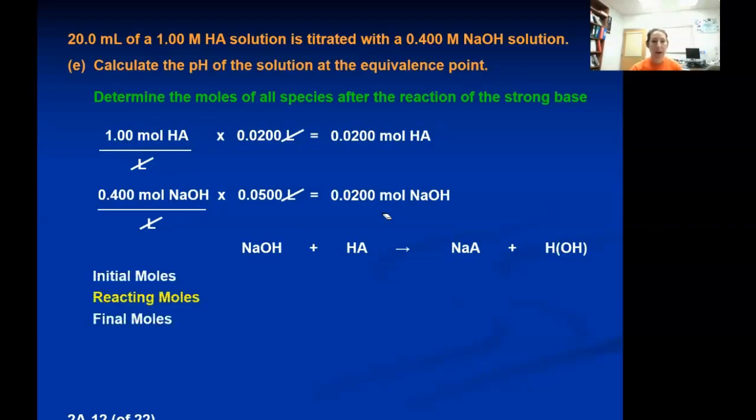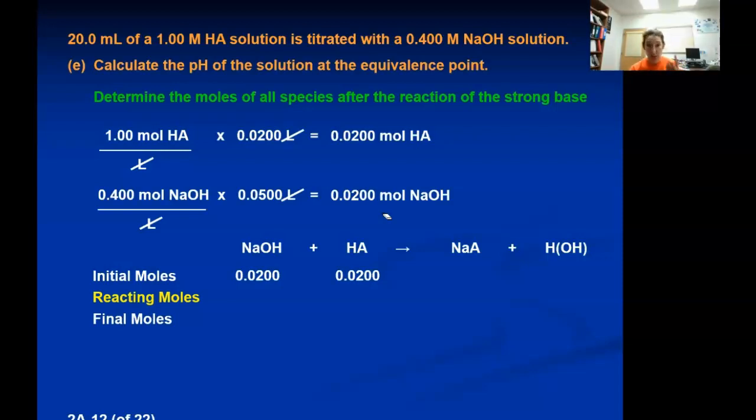That's a big forget. Okay, so now we have to do a mole table. Why do we have to do a mole table? Because we're adding something to something else. In this case, we happen to have the exact same number of moles of both.